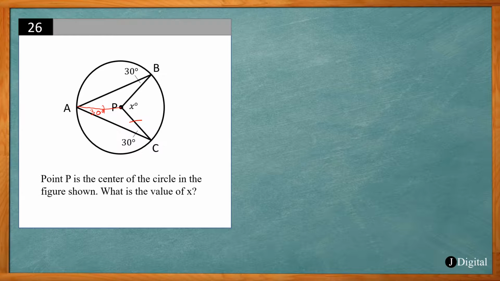Likewise here, PA and PB are radii of the circle, so it makes it isosceles. So this is also 30 degrees here. In total, 30 and 30 give you 60 degrees for this angle. So now we have an inscribed angle, BAC. And remember, the measure of the arc BC would be twice that, so 120. The central angle will have the same measure as the arc, so x will be 120 degrees. The value of x is 120.